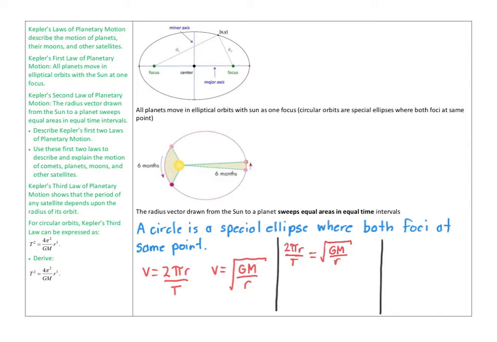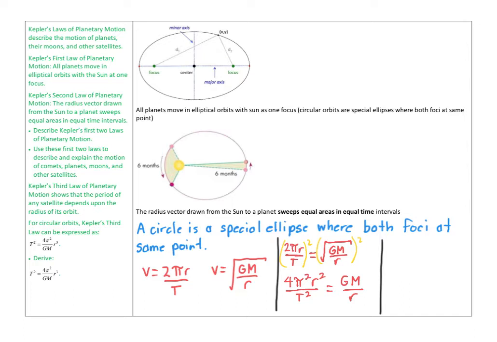Now we want to get rid of that square root. That's a bit confusing, so the first thing we're going to do is square both sides, and we get 4 pi squared r squared over period squared is equal to GM on r.